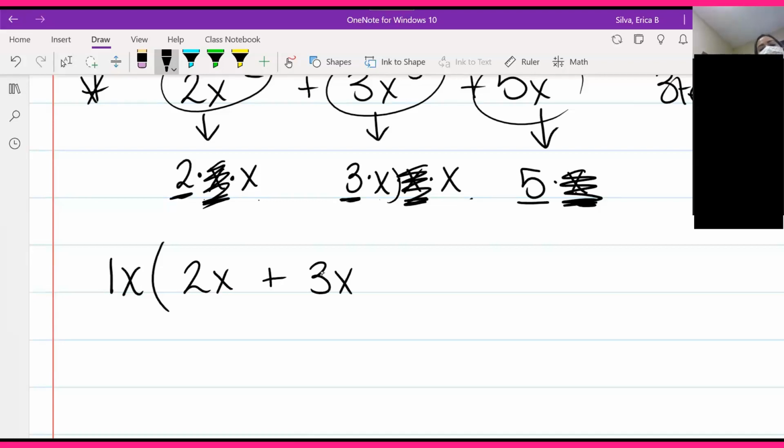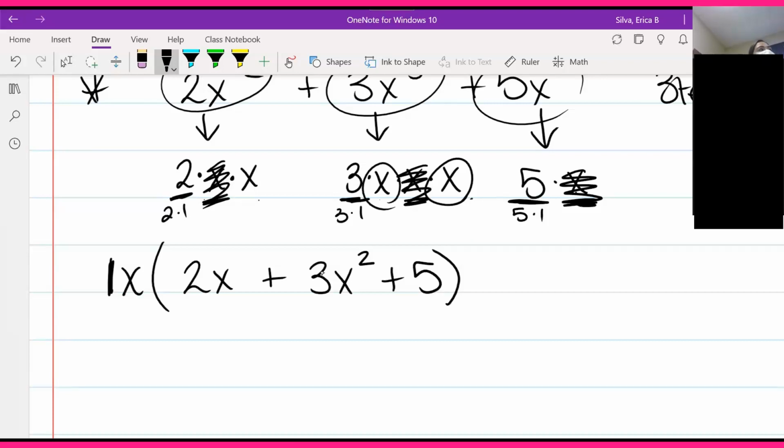This is 3x squared. Notice how we have 2x here. And then this is 5. We're just taking out the greatest common factor. We look at the 2, the 3, and the 5. The greatest common factor is 1. This is 2 times 1, 3 times 1, 5 times 1. They all have 1 in common. That's why I'm only able to have 1 outside. They all have at least one x.